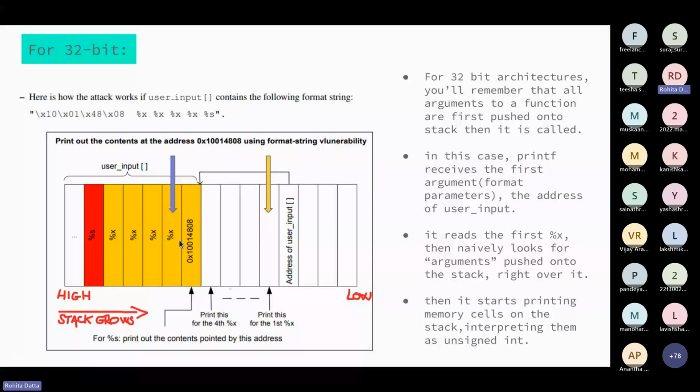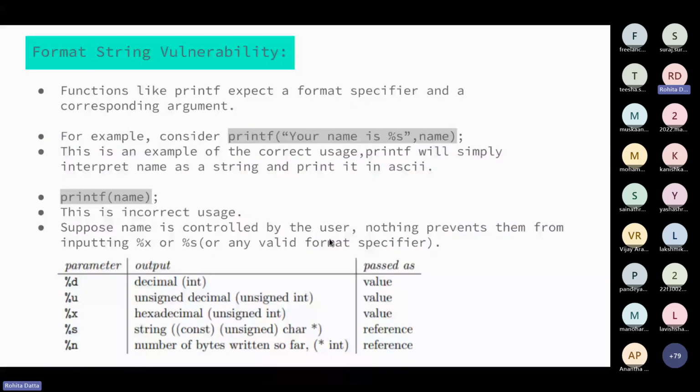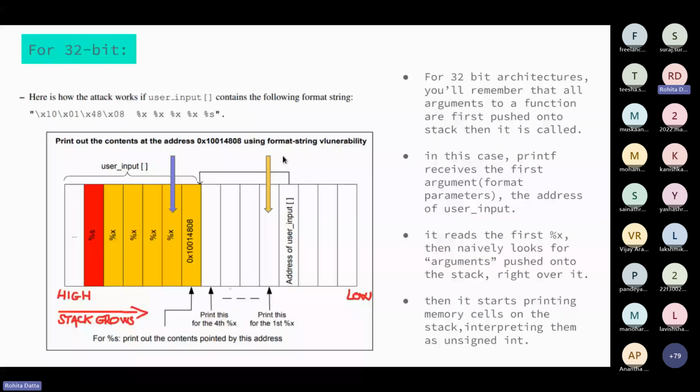So the stack has this memory address first, and then %x, and then %s in the end. Now printf, in this second case, is just getting one argument and nothing else.